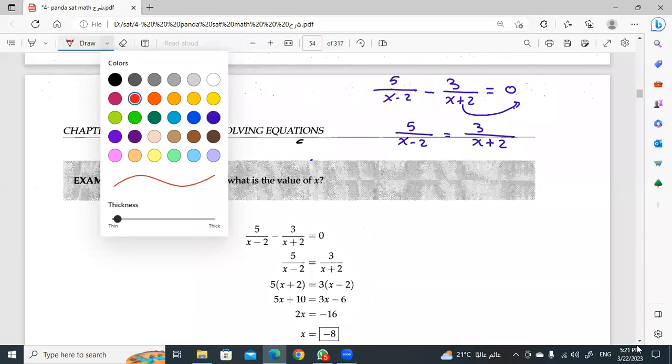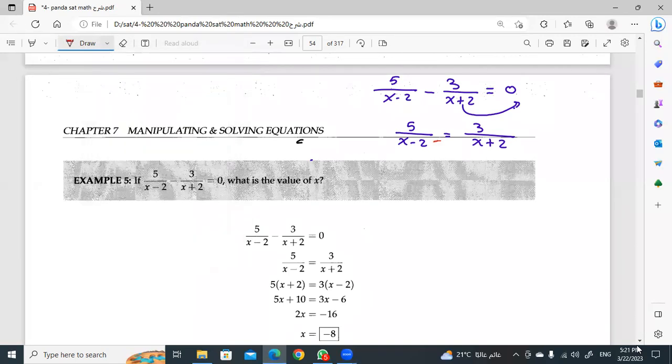Okay. And after this, I will do cross multiplication. I will multiply this by this and this by this. So first of all, I will multiply 5 multiplying by x plus 2, equals 3 multiplying by x minus 2. Any question until this step? No. Okay. I'm searching for the x.